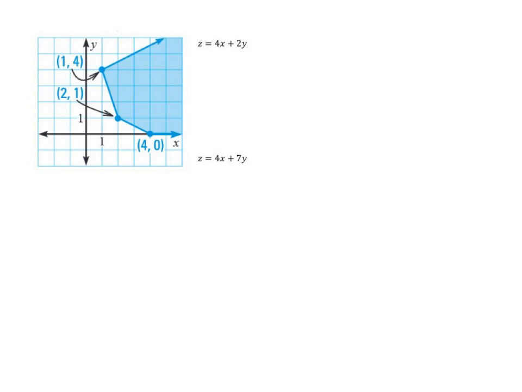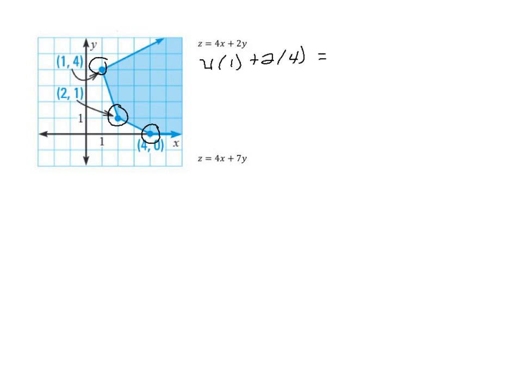Alright, let's give a try finding our maximum and our minimum value here. We've got 3 points that we need to consider. And we have an objective function 4x plus 2y, so we'll plug in. We'll start at the top left there, so 4 times 1 plus 2 times 4.